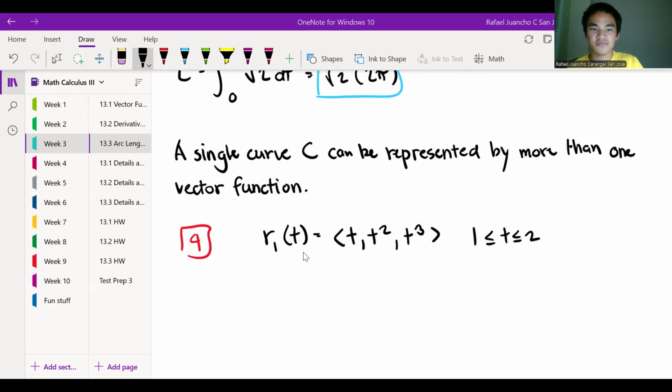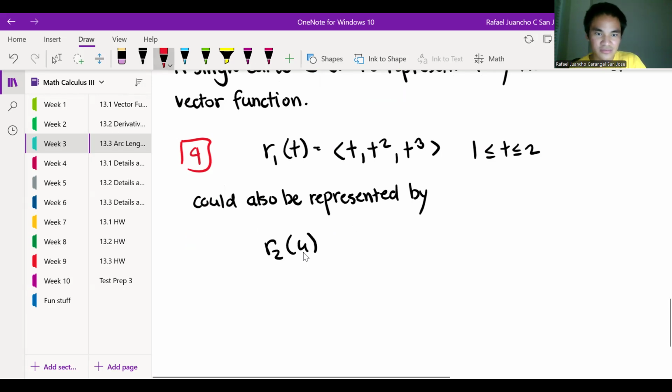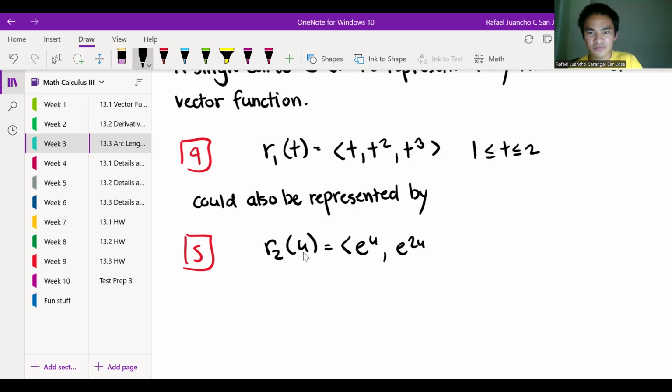But this could also be represented by a different vector function. And here we put u, it could be any letter honestly, they just made it u so that it's different. This is e to the u, e to the 2u, and e to the 3u.